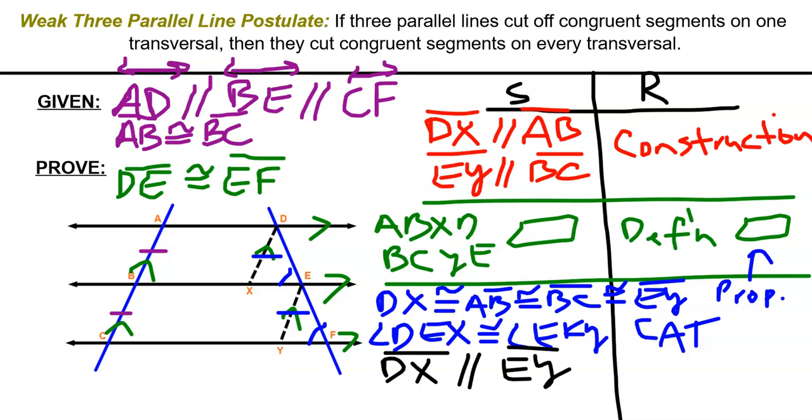Why? Because parallel lines are transitive, at least on a plane. That is, a line that is parallel to one line and another line that is parallel to that first line, then all the lines are parallel. So that comes from transitive parallel lines.